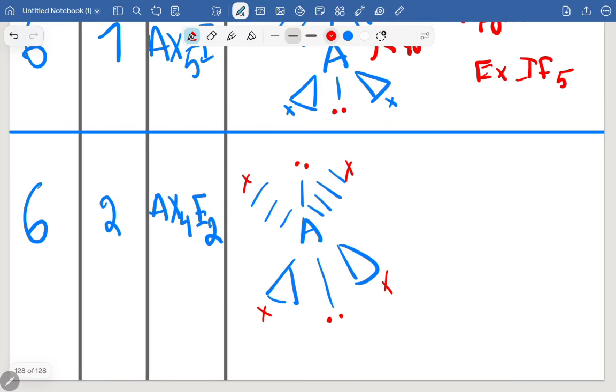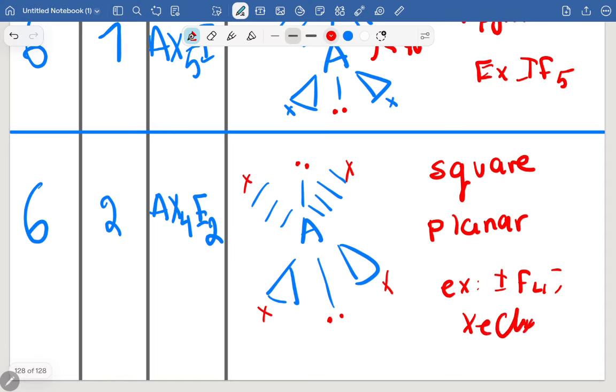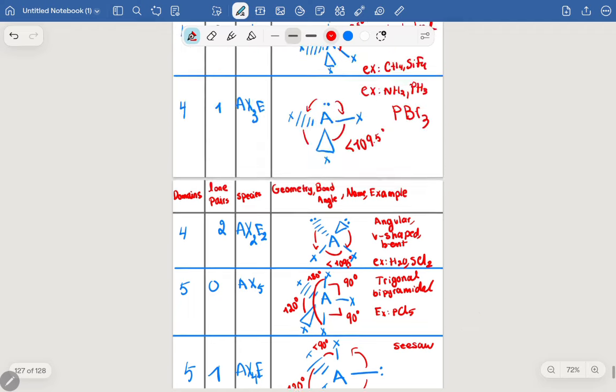We will call this a square planar. And some examples of a square planar are IF4 minus, XeCl4, and the angle between the forward and the backward is 90 degrees.